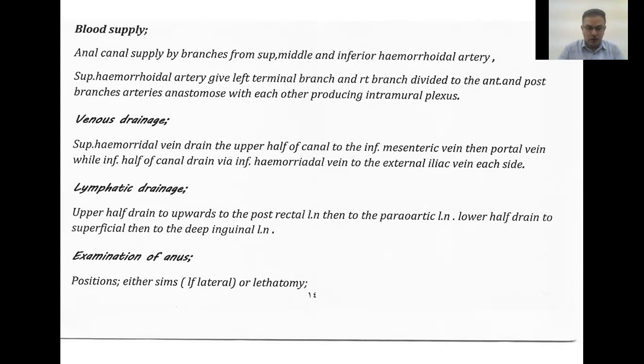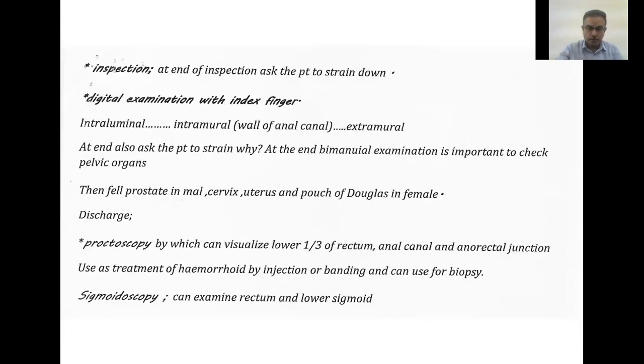Examination of the anus. Positions: lateral or lithotomy position. Examination of the anus and anal canal includes inspection, digital examination, and proctoscopy. At the end of inspection, ask the patient to strain downward.